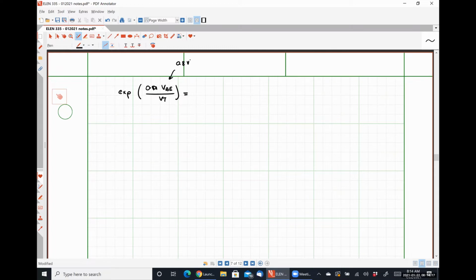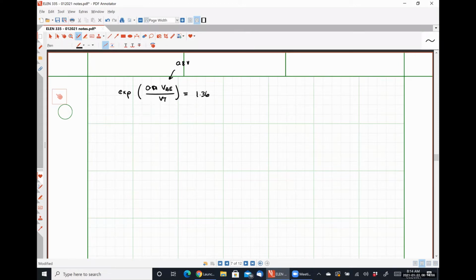So if we put in 0.8 volts there, the exponential of 0.8 divided by 0.026 is 1.36. So a 1% change in that particular resistor value yields a 36% change in the collector current. So that's a large, large swing there, okay?